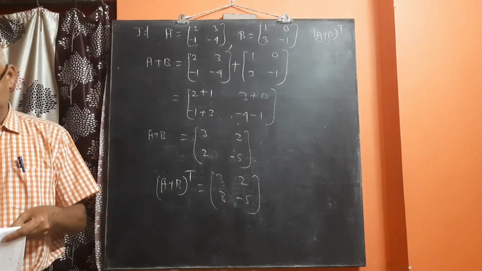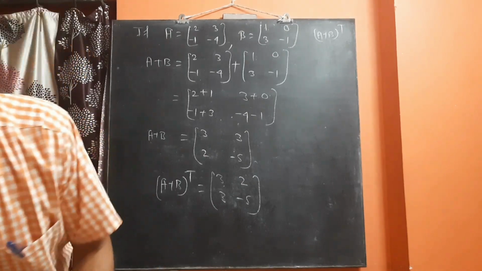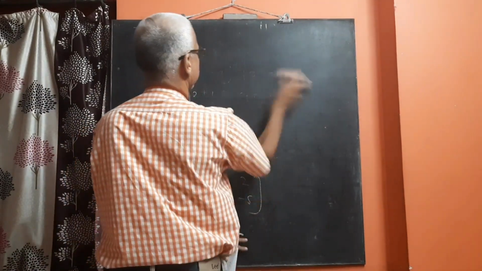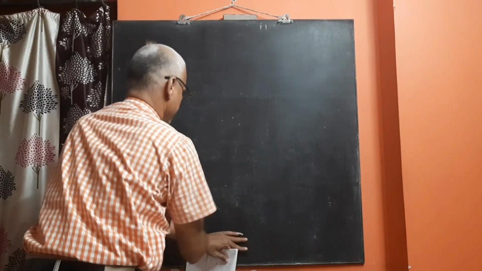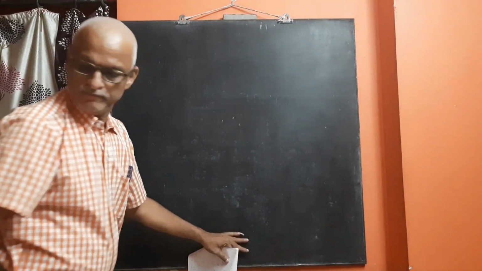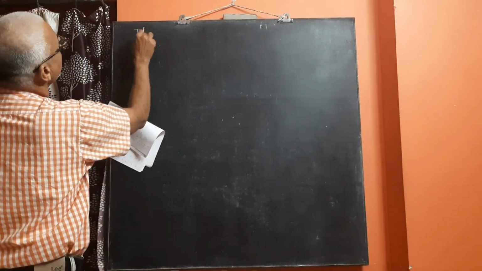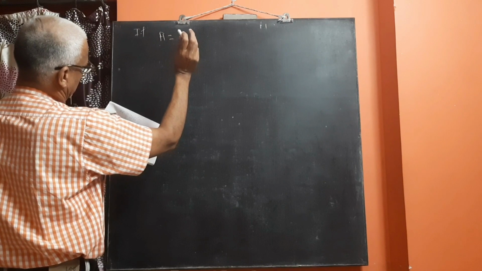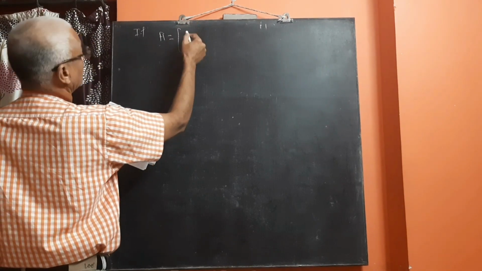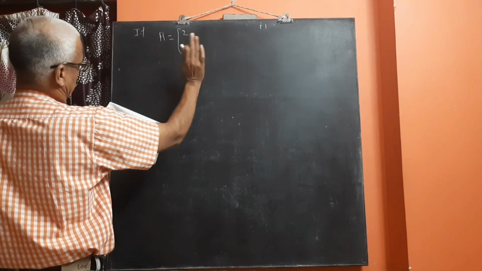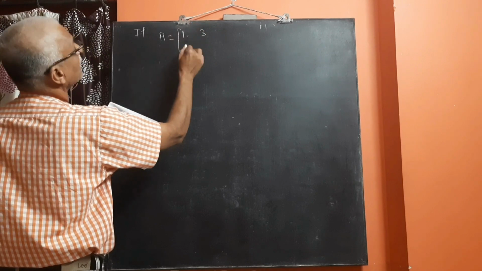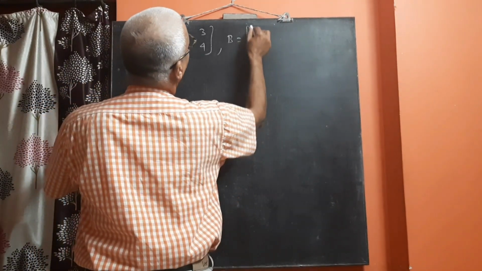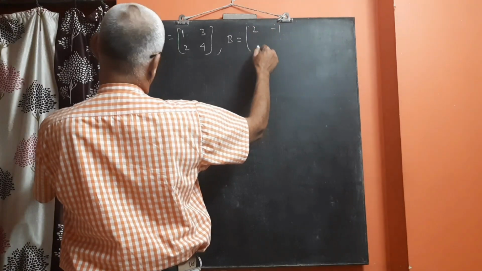Then we will solve the second problem. The second problem is, if A is equal to the matrix of 1, 3, 2, 4, B equals the matrix of 2, minus 1, 3, 2.